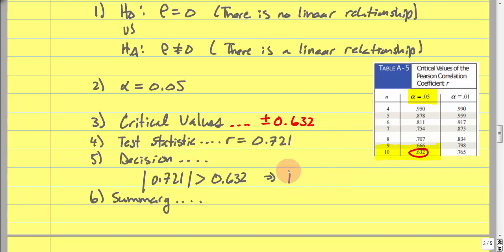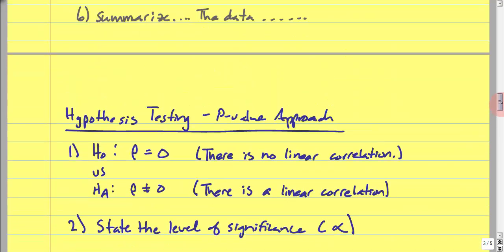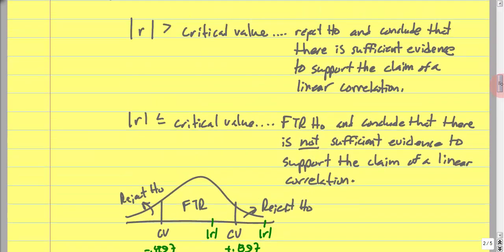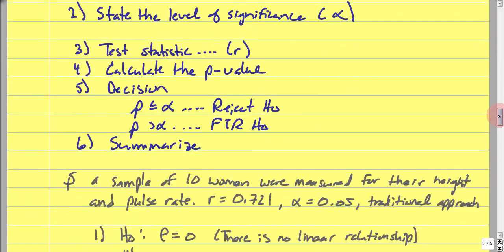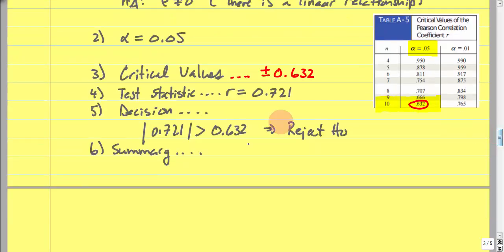Let's go back up and look at where that rule is. The absolute value of my correlation coefficient for the sample is greater than the critical value, you would reject H0. Okay, so that's why we change this to reject H0.